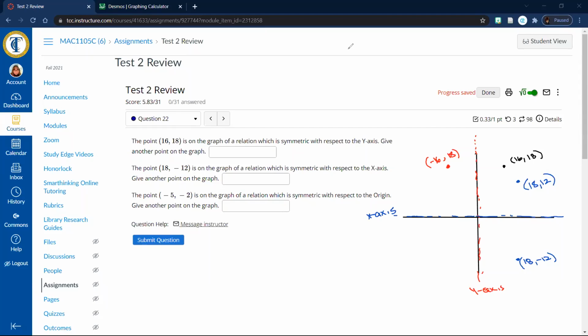And lastly, we have the point -5, -2, and we want one that's symmetric with respect to the origin.